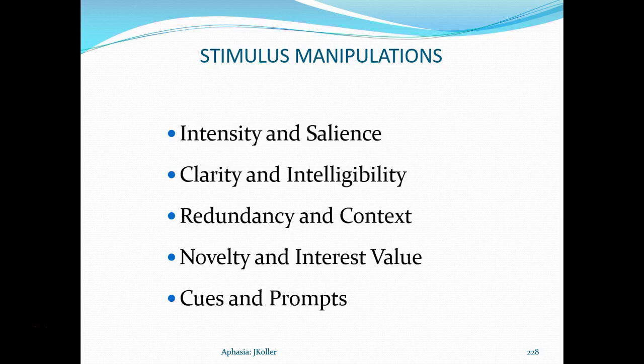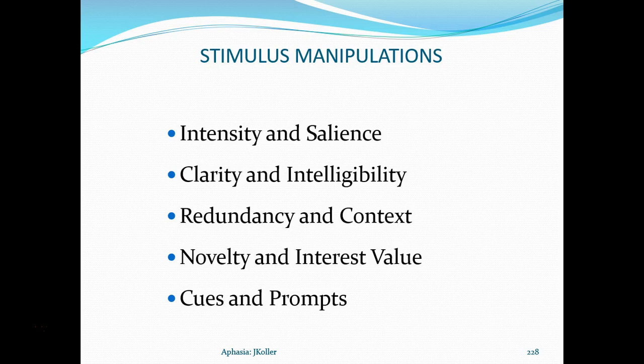Redundancy. Redundancy is also a term that Darley taught us before. Redundancy doesn't just mean repeating something. Redundancy is multiple cues within a stimulus that might help us. If you recall, the example that Darley gave us was the cat that is furry.